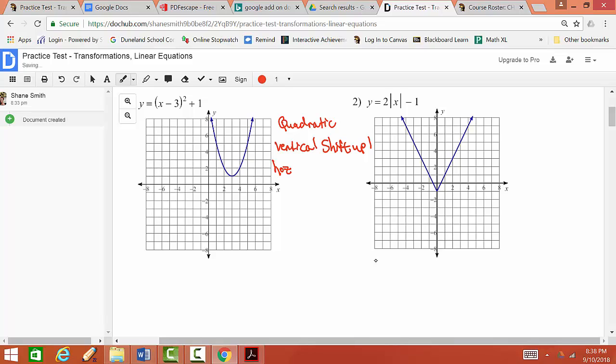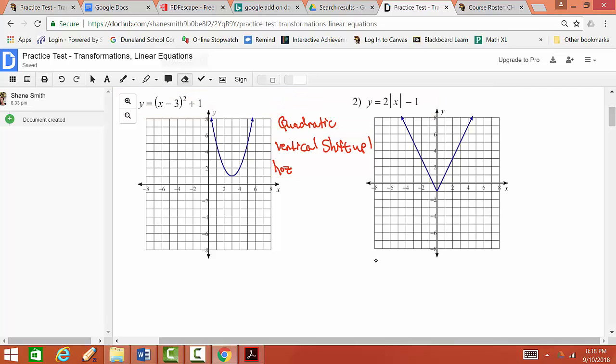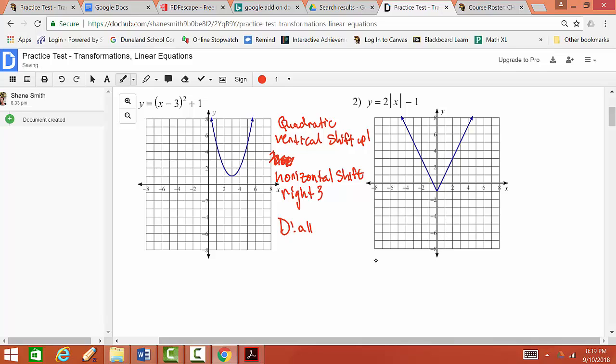And horizontal shift right 3. Okay, the domain is all reals. The range is y is greater than or equal to 1.